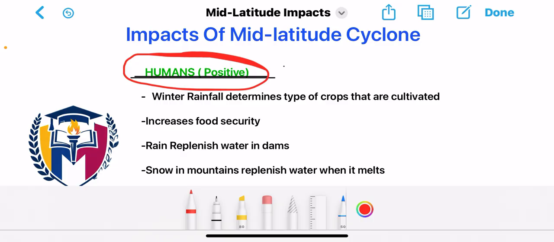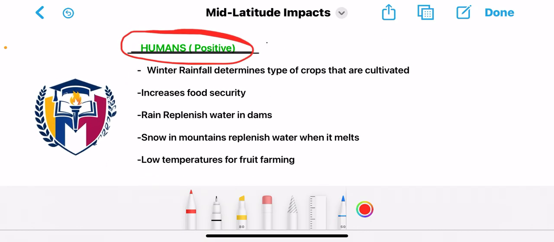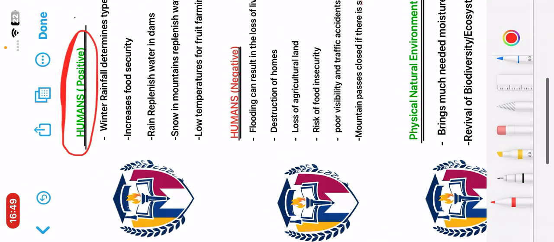Now, the question on impacts of mid-latitude cyclones will come in two ways, either as a 3 times 2 question, or as an approximately 8-line paragraph. They might not say humans; they might say describe the positive impacts of mid-latitude cyclones on humans, or on farmers, or on the physical natural environment, or on animals. It depends on the context the examiner would like to refer to.